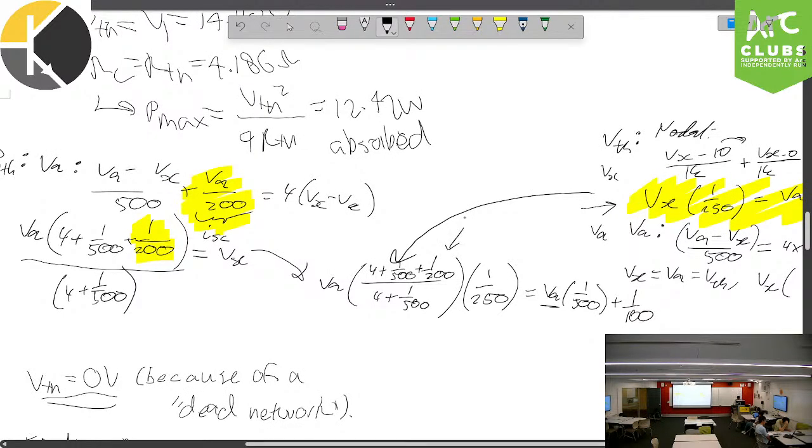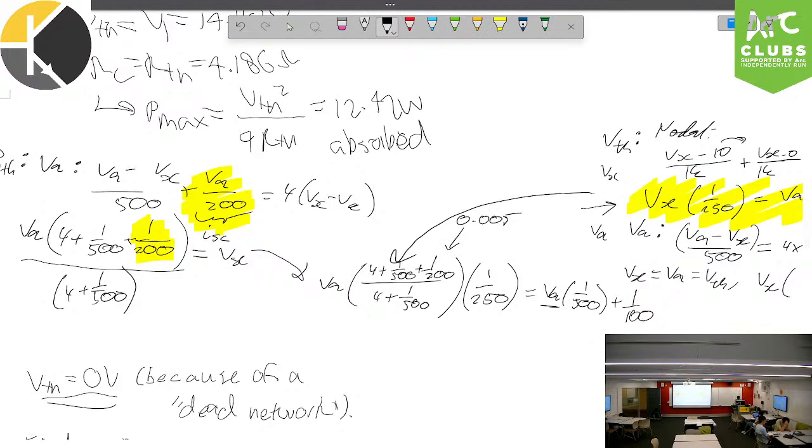The 1 on 200, I'm going to simplify for the first time in the stream, and this is 0.002, to my knowledge. Yes. So we're going to add them together. So that's VA, 4.007 on 4.002 times 1 on 250 minus 1 on 500 equals 1 on 100.